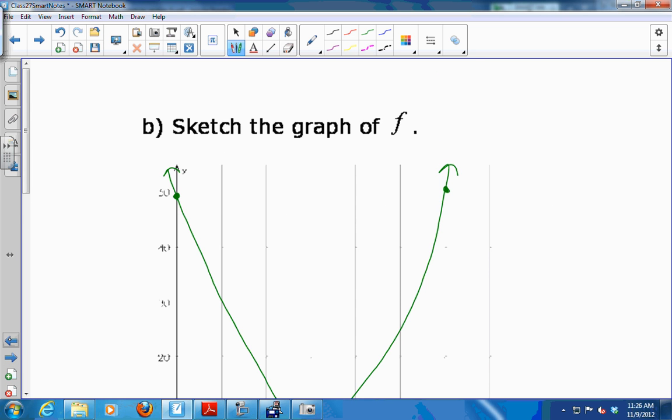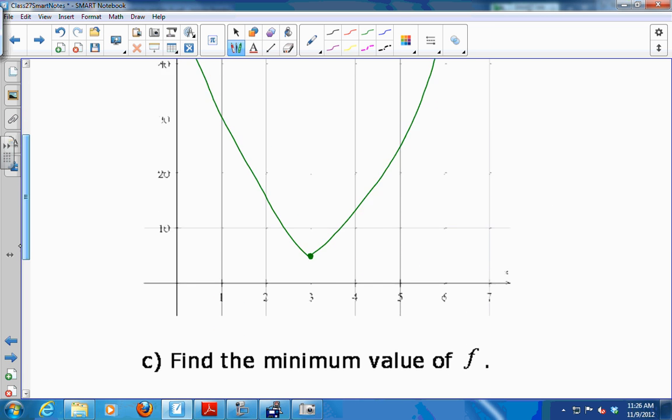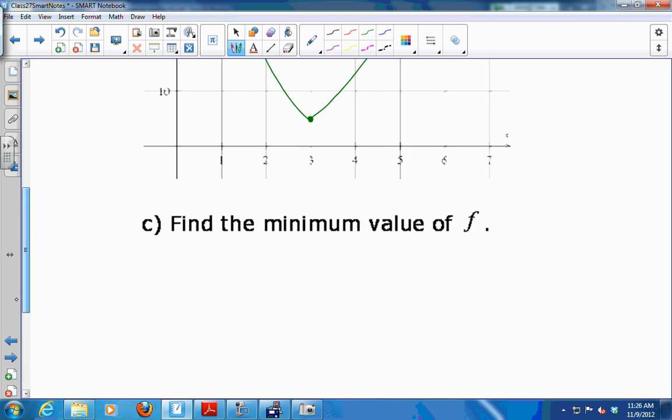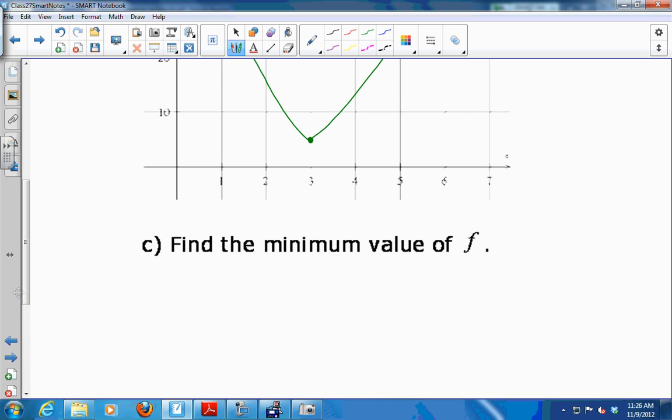So 3 points is all you really need to draw a pretty accurate sketch of a parabola. The vertex and 2 more points. What's the minimum value of this function? You got it. Good. That's the y coordinate of the minimum point. Good.